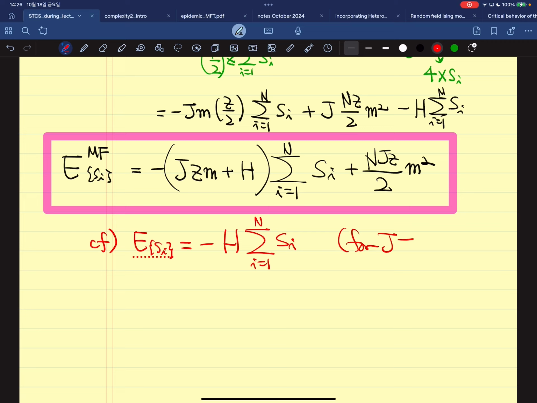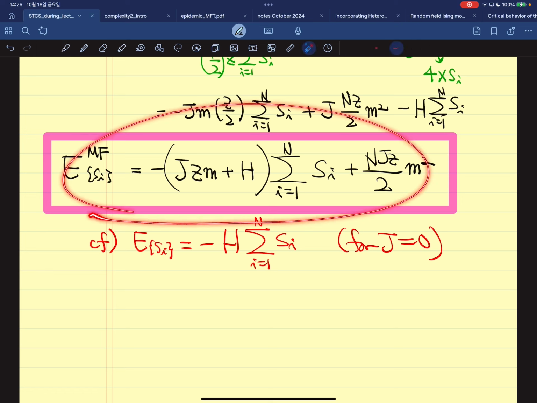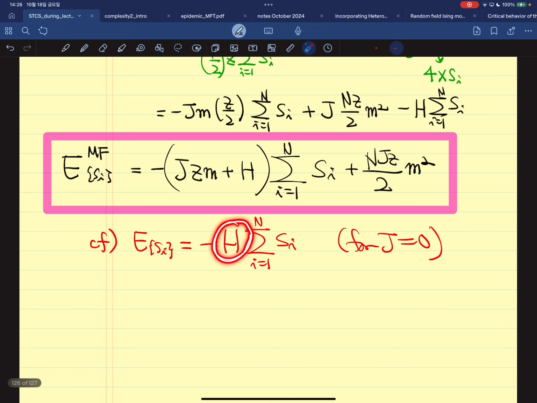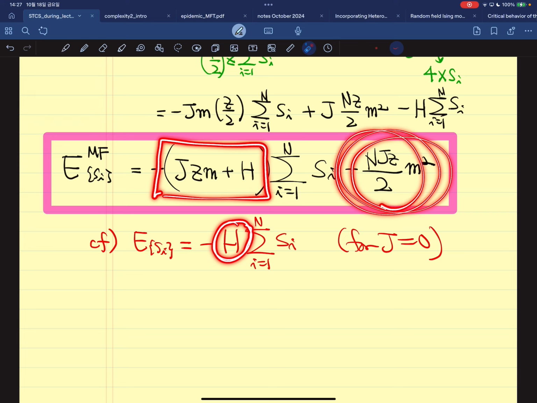If we compare this formula and this formula, it's quite similar. So we can just replace this external field with this term and an additional constant here.